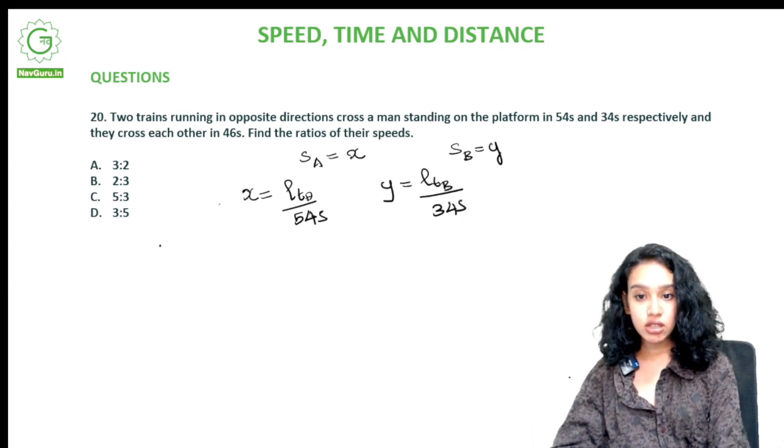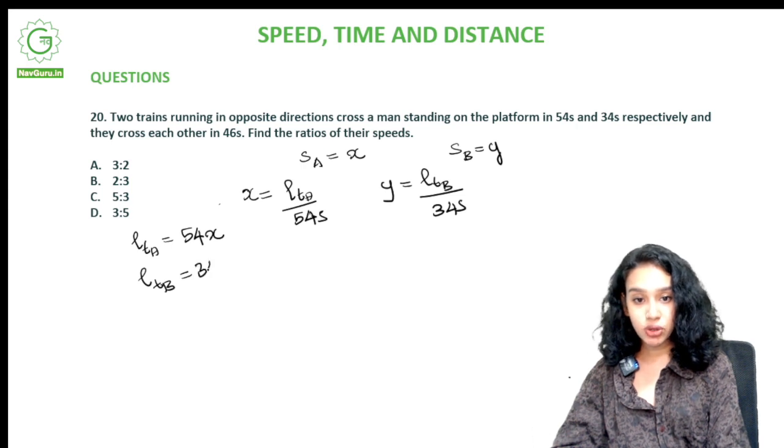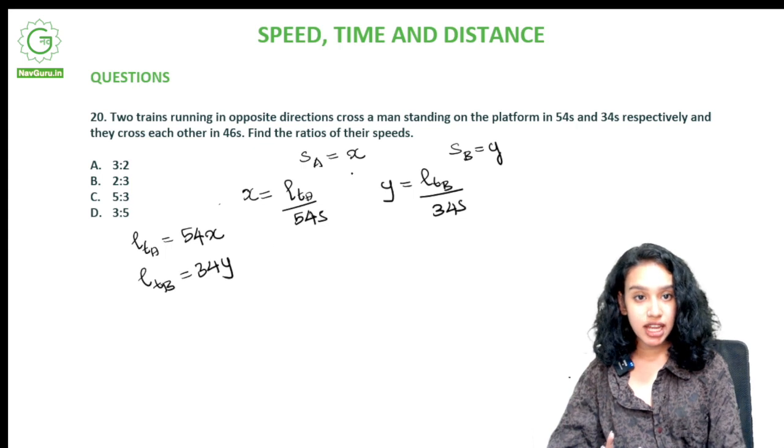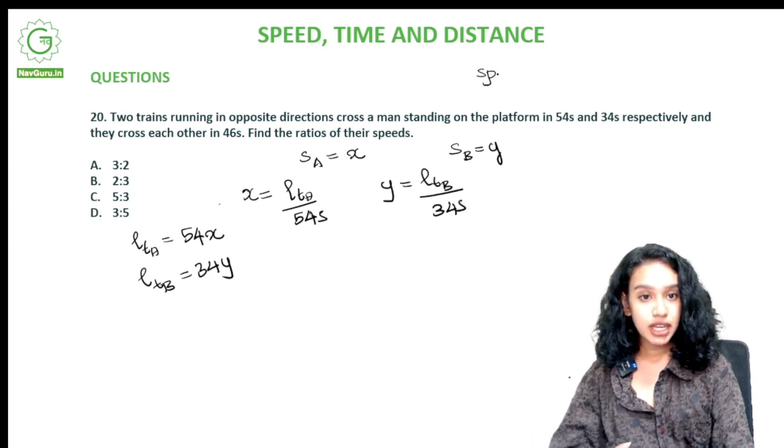So what is length of train A? Length of train A is equal to 54x, and length of train B is equal to 34y, right? So we are finding the time here, and we have the equation speed is equal to distance by time.